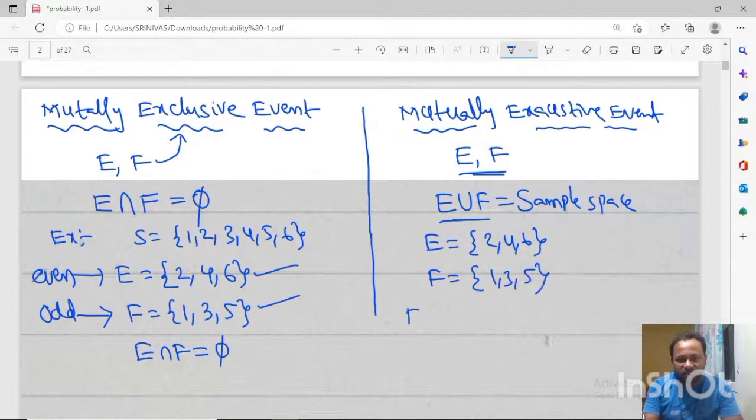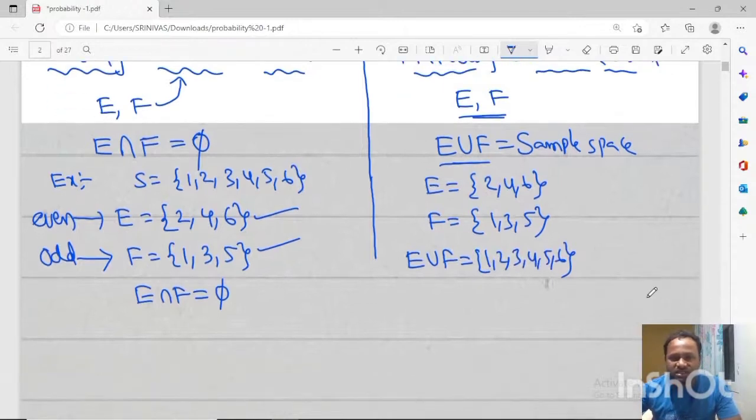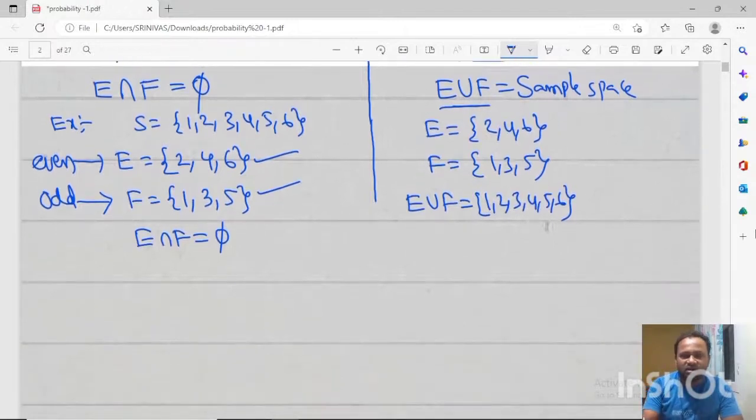So I will do E union F. E union F is equal to 1, 2, 3, 4, 5, 6. What did I get? The sample space. So we can say that these two events are mutually exhaustive.